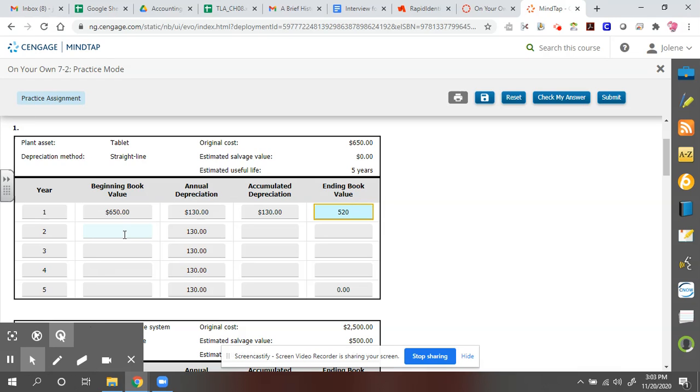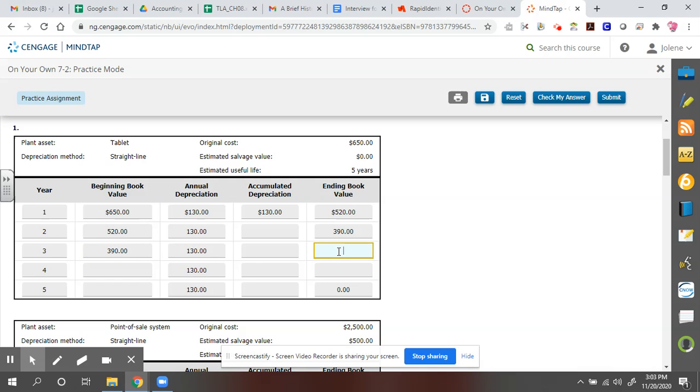Which means the beginning of the second year, it is also worth $520. Ending value is the next year's beginning value. Now we have to take off another 130, so at the end of the second year, it's worth $390. And the beginning of the third year, it's worth, you guessed it, $390.